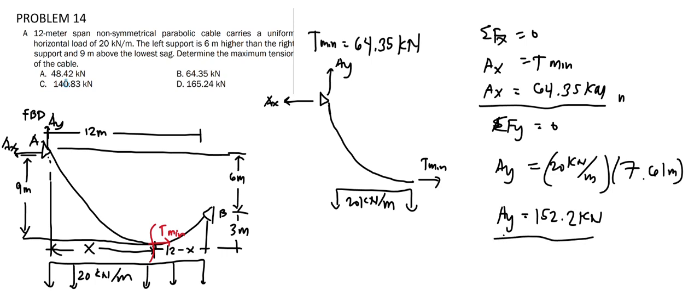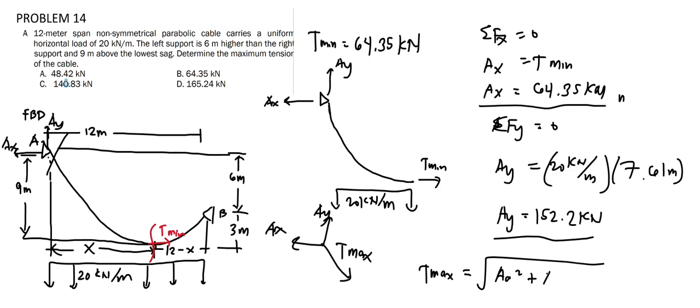Now that we have the value for AY and AX, we're going to solve for the maximum tension. By considering point A and cutting on this section here, we expose the maximum tension, which is just basically equal to the net force acting on A. So T max is equal to the square root of AX squared plus AY squared.